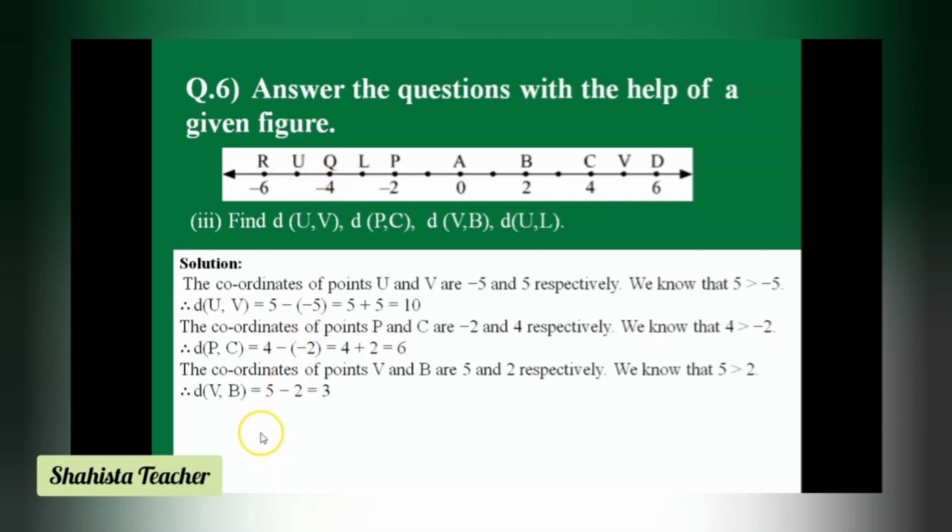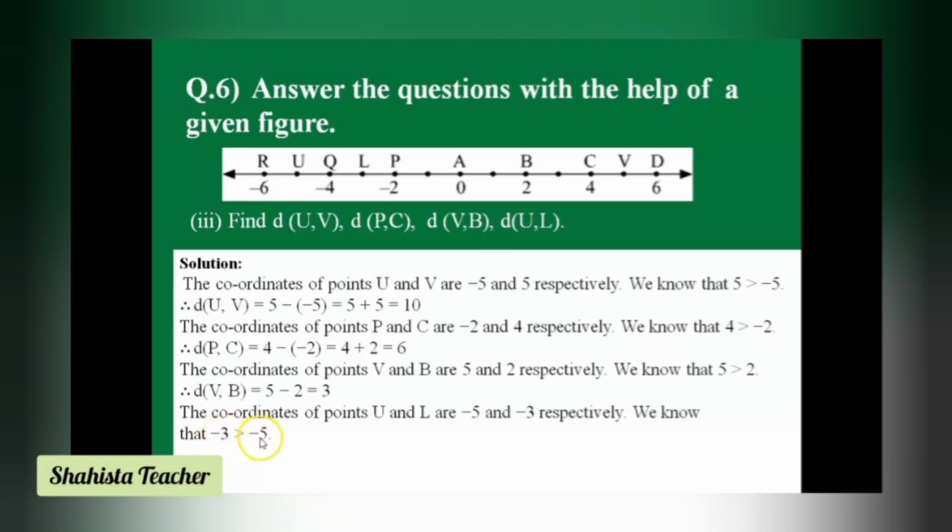This comparison works this way for two negative numbers. See here, -3 and -5 both carry a negative sign, so -3 is greater than -5.